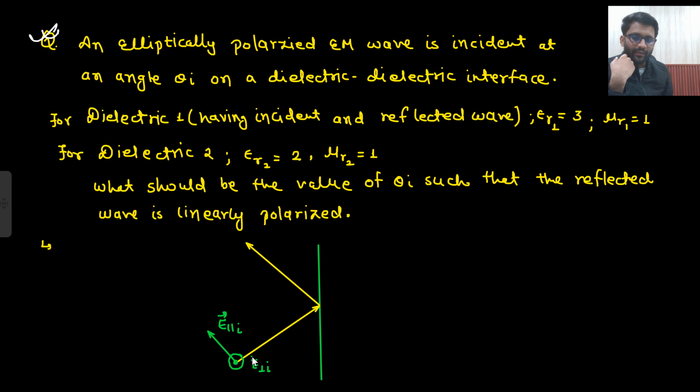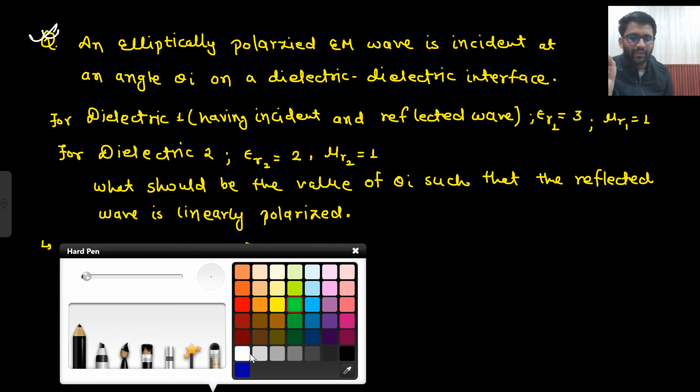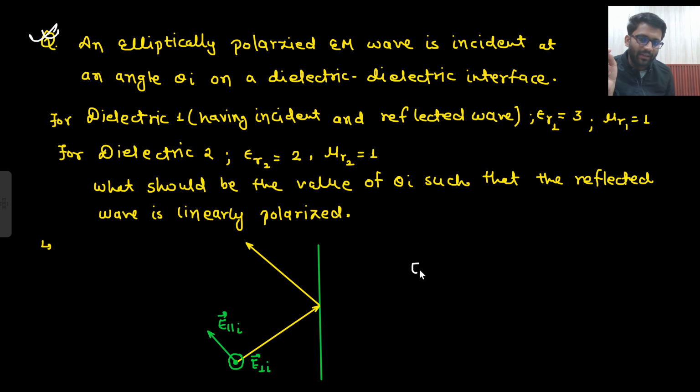Now let's just say both have the same magnitude. I am writing my incident field. I am assuming this has a magnitude of E01, and it has a phase of 0. Whatever it is, I don't care now. Now this is the perpendicular component. This is the parallel component, no?